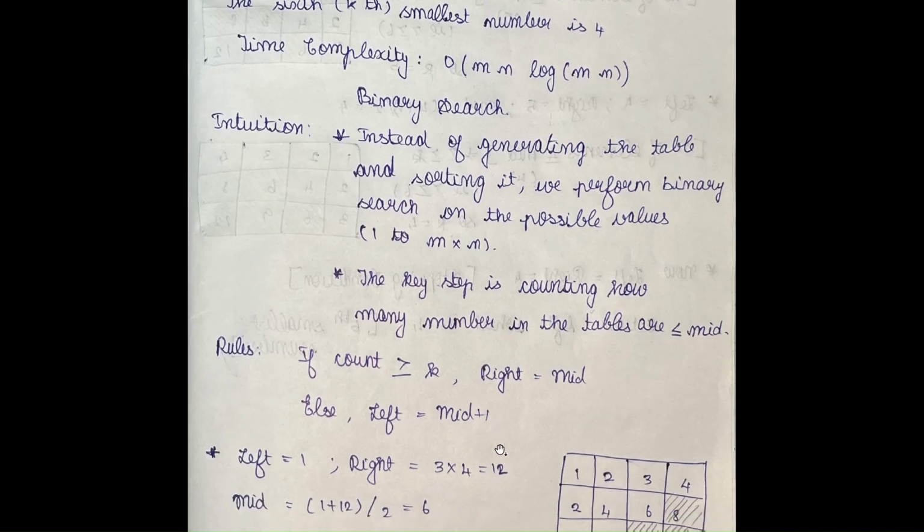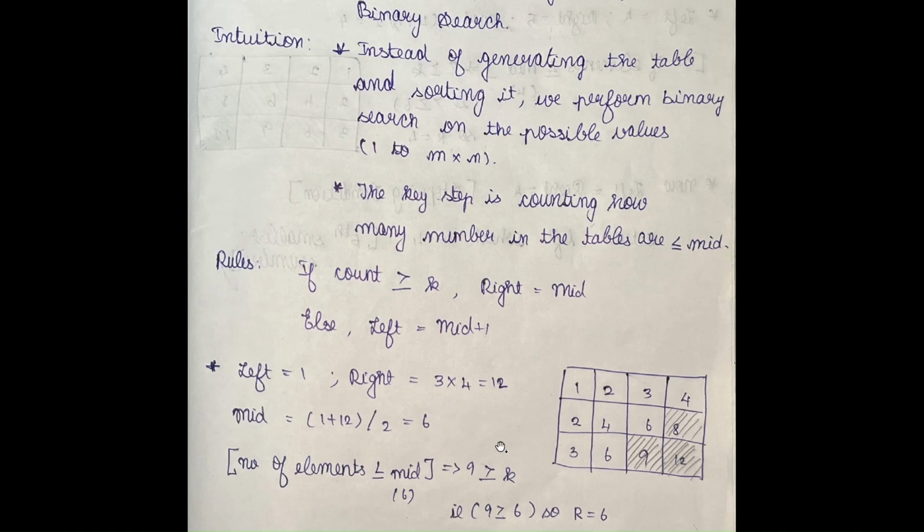So now we will run tracing for this example. Initially, the left value will be initialized to 1 and the right value will be initialized to m cross n, which is 3 star 4, that is 12. The mid value is equal to left plus right divided by 2, which is 1 plus 12 divided by 2, which gives 6.